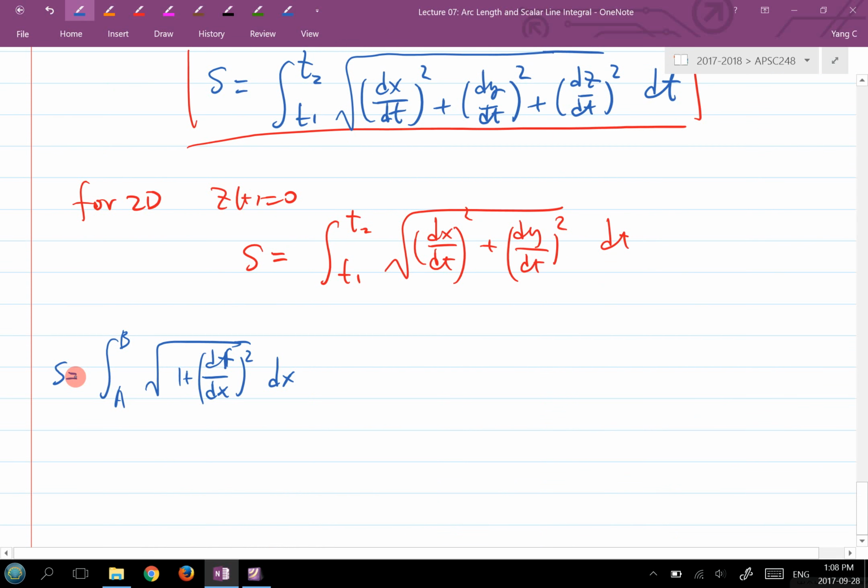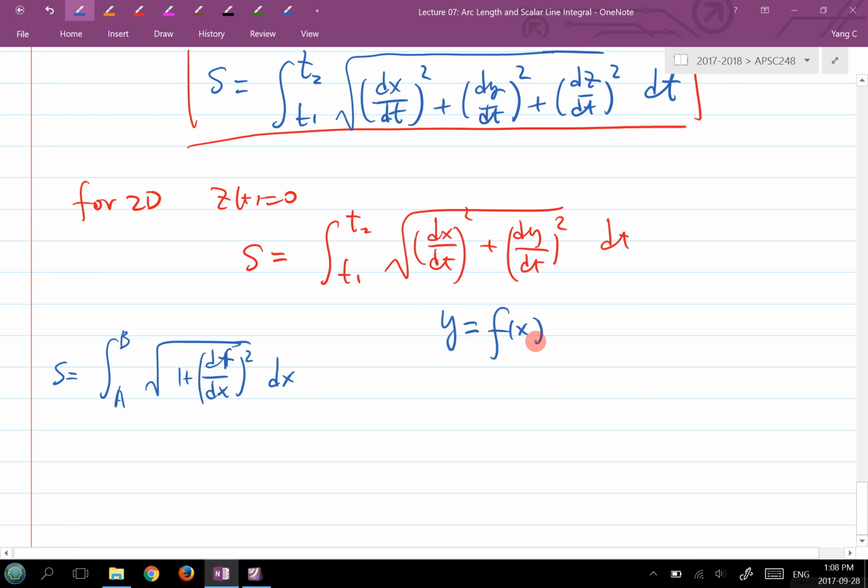If you look at these two, how are they going to be the same thing? They don't look the same, at least by first impression. But if you think about the 2D case we're dealing with, what does 2D mean? It means y equal to f of x. So that's a 2D curve.